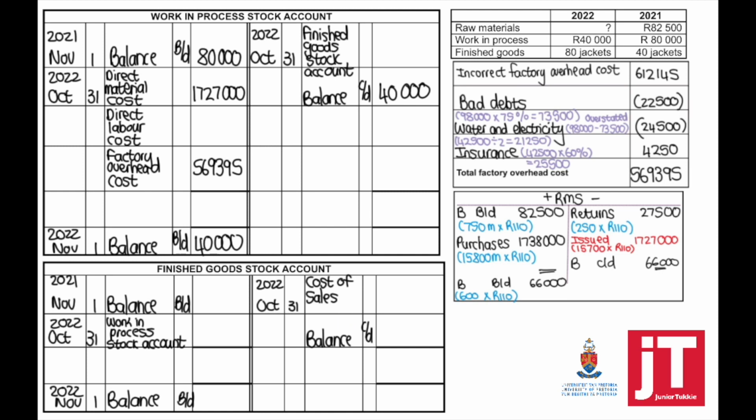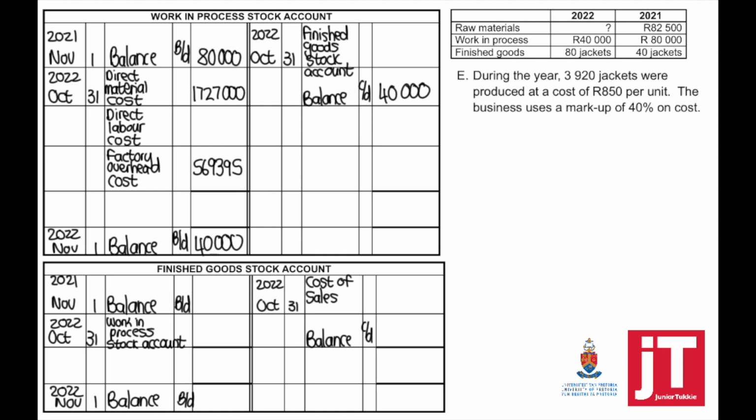The cost of sales. So now we need to look at what information was given to us. They said to us, finished goods, 40 jackets, and 80 jackets at the end of this year. And number E, during the year, 3,920 jackets were produced at a cost of 850 per unit.